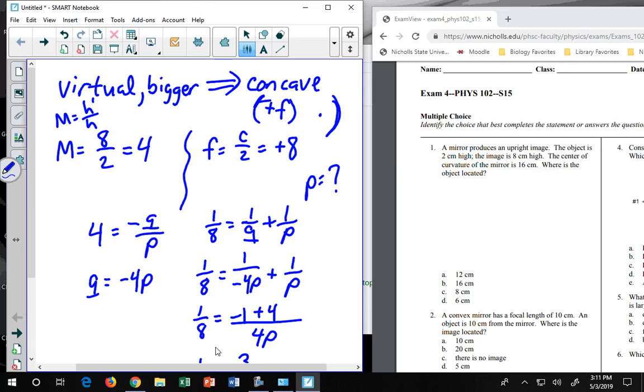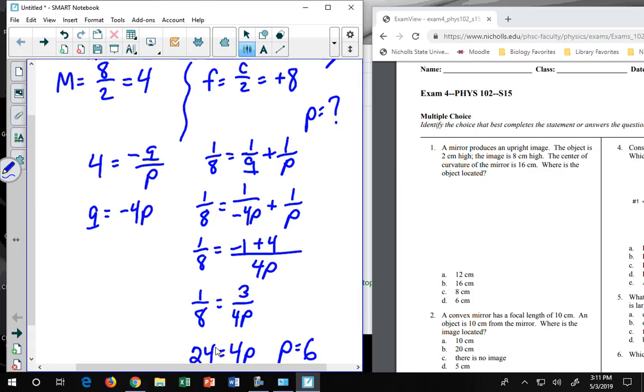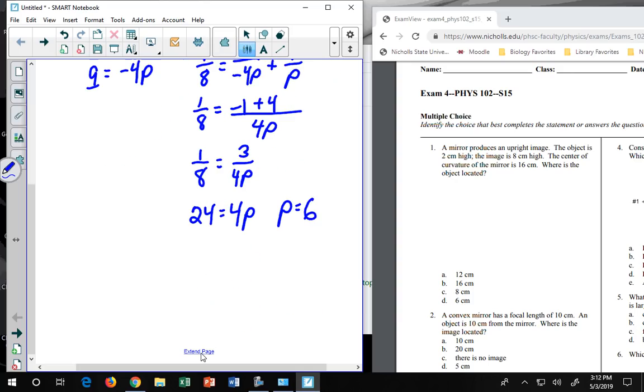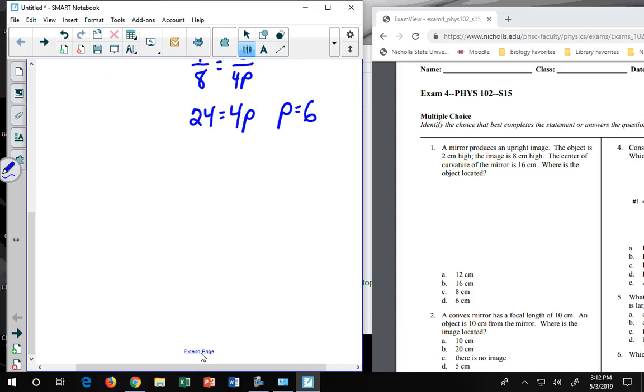Okay? Before we move away from this, let me show you, because it will be very important for this test, that you understand the different mirrors and the different images that they form. So let's review those. Knowing your ray diagrams will help you in that, but just knowing those simple diagrams that I did.